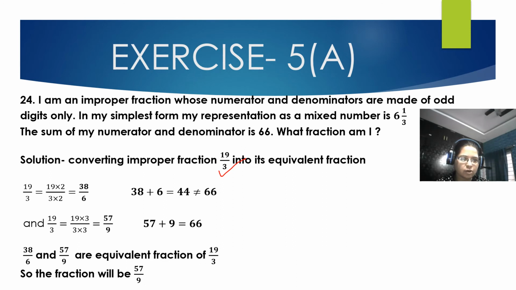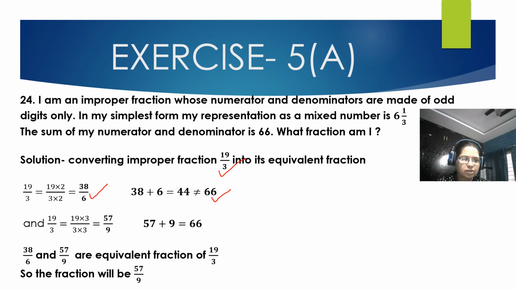So 19 multiplied with 2 over 3 multiplied with 2: 19 times 2 is 38, 3 times 2 is 6. So we get 38/6, which is an equivalent fraction of 19/3. The sum of numerator and denominator, 38 plus 6, is 44, which is not equal to 66.